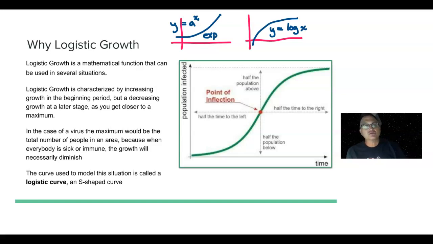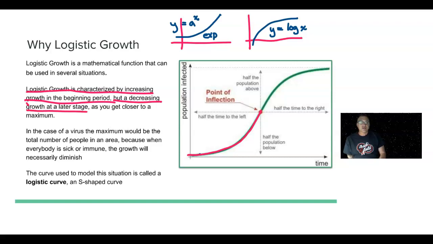And then you have what's called logistic growth, which is sort of a combination of the two. And logistic curves look like this letter S here. It's a combination of when something is growing exponentially, so that means it's growing really fast at the beginning, but the growth decreases at a later stage.